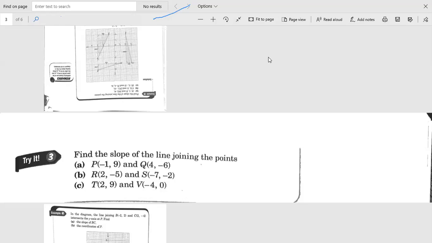Now we do the calculation for the slope of P and Q. Remember our formula for the slope of P and Q is y2 minus y1 over x2 minus x1, which is the ratio of the rise to the run, okay?